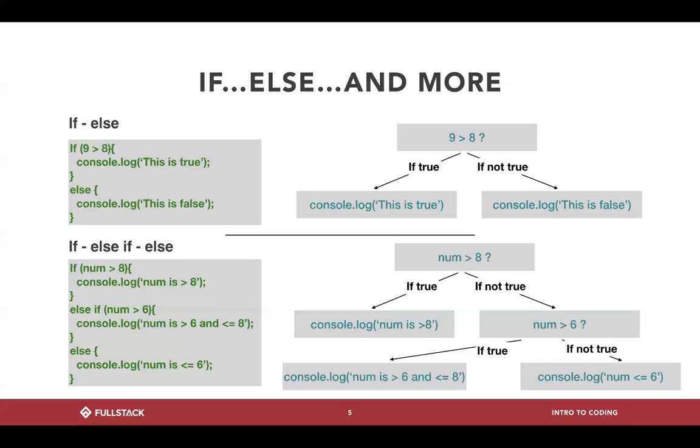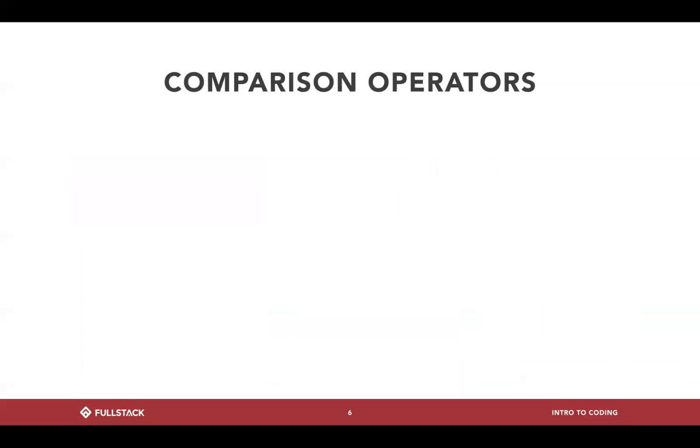Okay. So we have conditional statements, and then we also have comparison operators. There's a couple of them. We have the triple equals sign, which checks if two values are exactly equal. Basically, that means they're the same value and the same type.